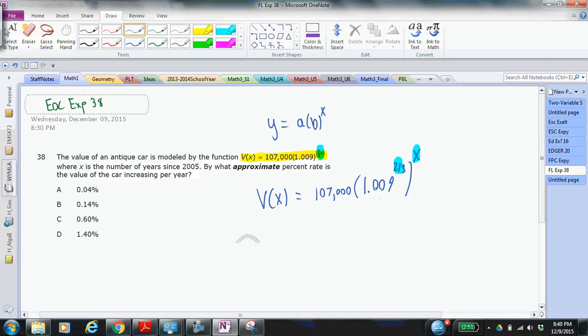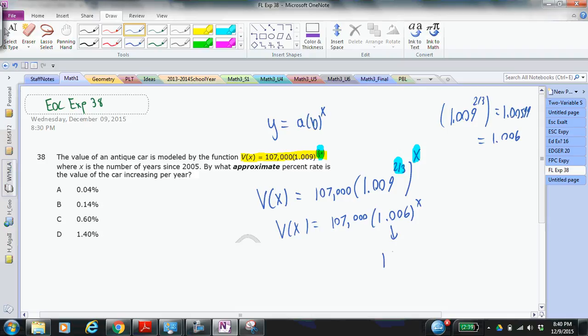So let's type 1.009 to the 2/3 in our calculator and see what we get. When I do that, I get 1.00599, which is basically 1.006. If I rewrite this, b to the x equals 107,000 times 1.006 to the x power.